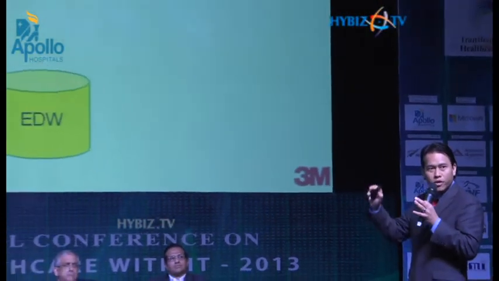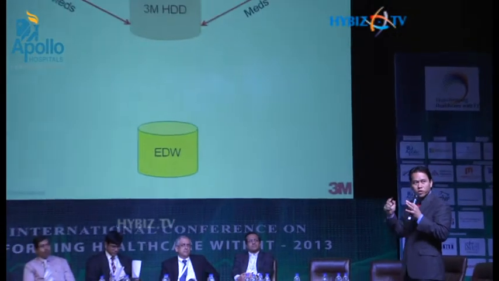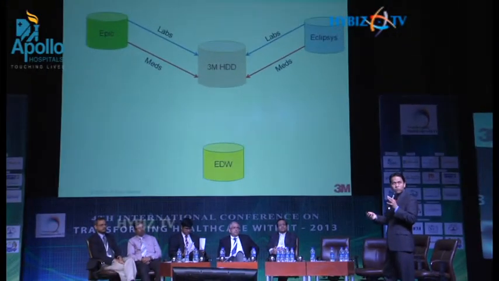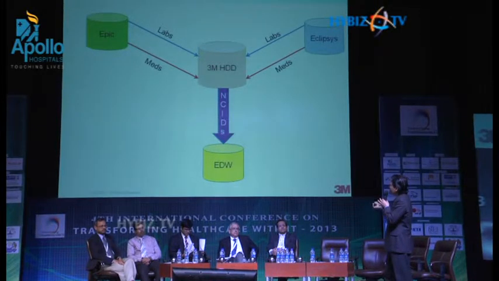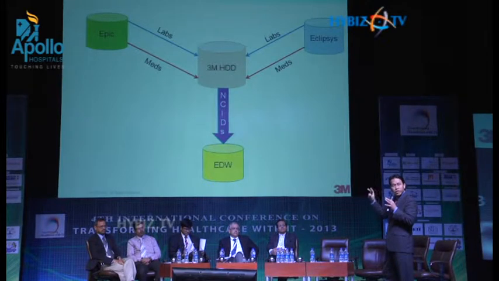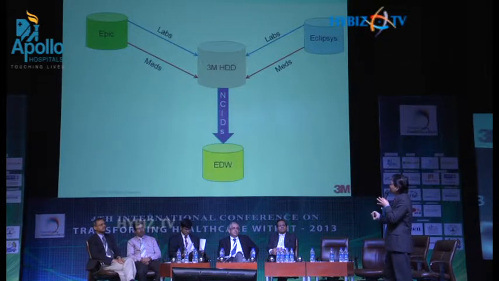We used the identifiers within the 3M HDD, again, as an interlingua or a universal translator, and we used the codes within that interlingua stored in the data warehouse so that when a data analyst did queries in the data warehouse, they weren't using the original identifiers from the disparate data sources.